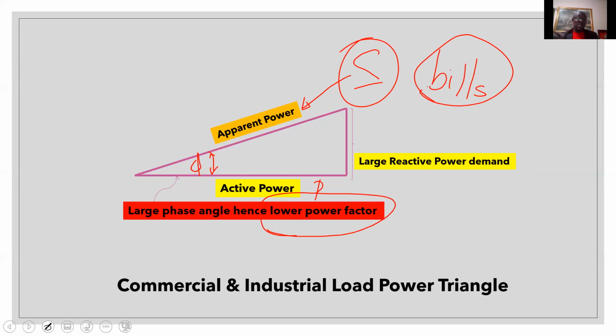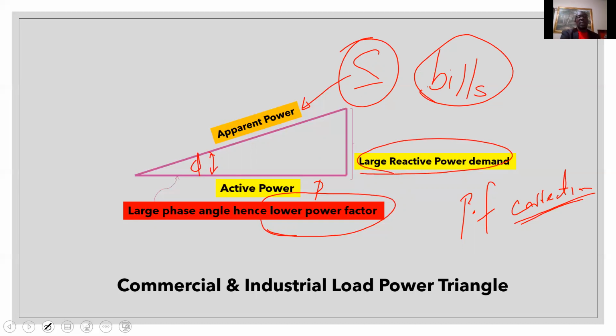And to achieve that, we seek to implement what is known as power factor correction. Power factor correction involves seeking to make the power factor higher, or in other words, finding ways of reducing the amount of reactive power demand, thereby lessening the demand on S.